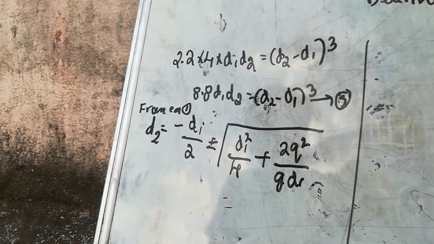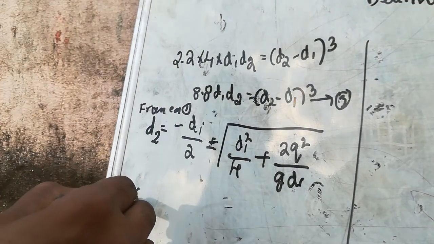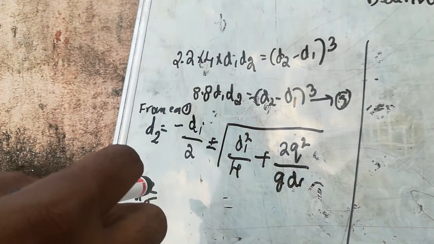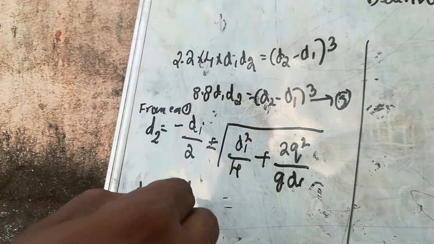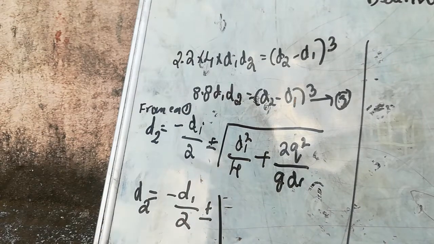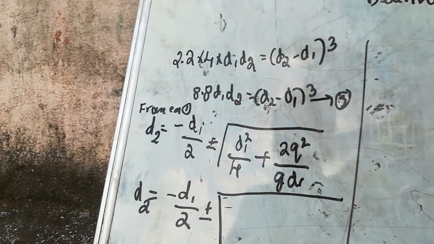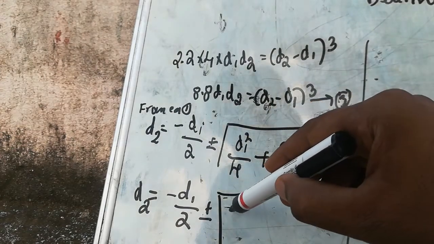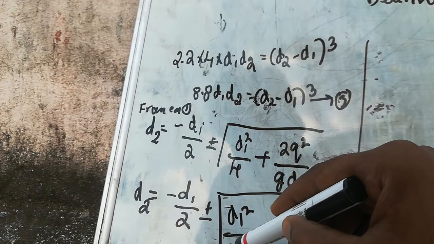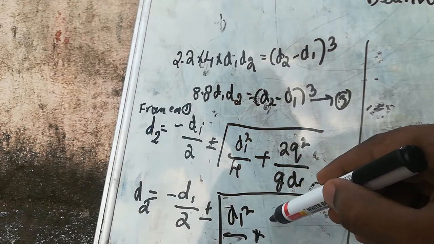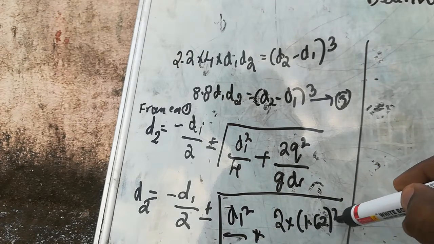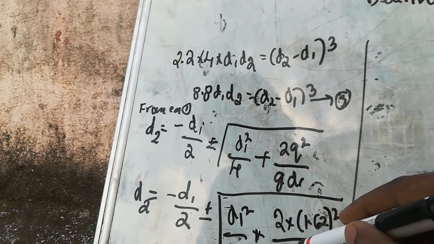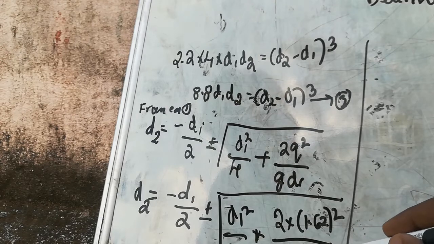So we can write the value of d2 as minus d1 by 2 plus or minus the square root of d1 square by 4 plus 2 into 1.62 square divided by 9.81 into d1.